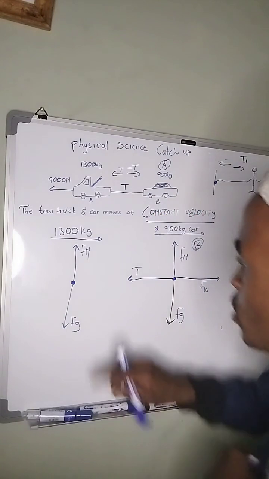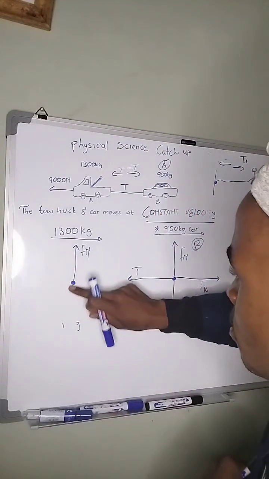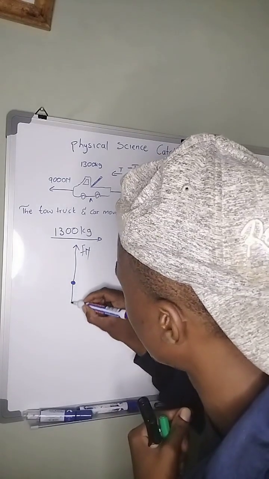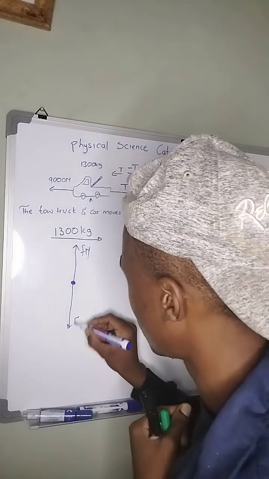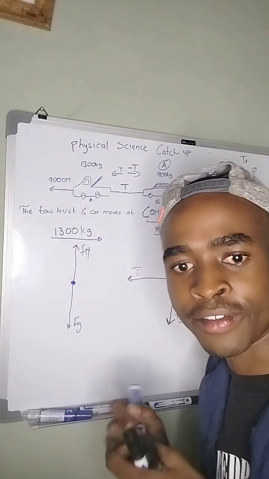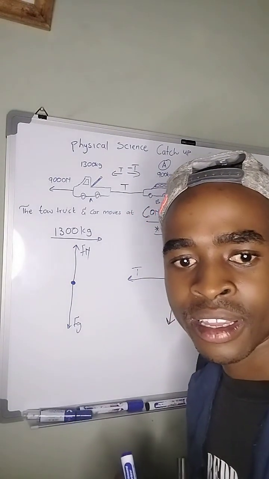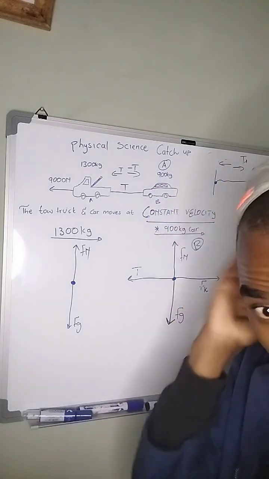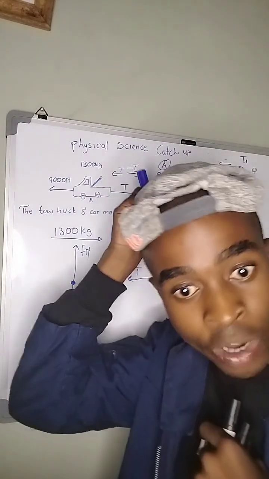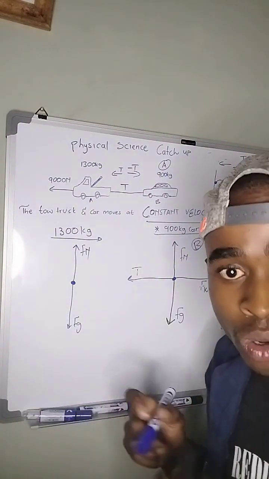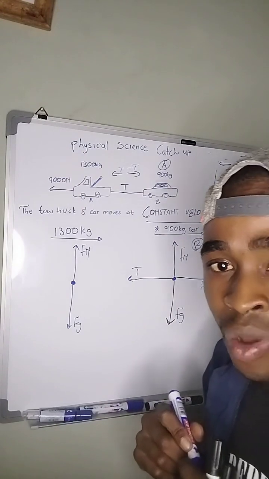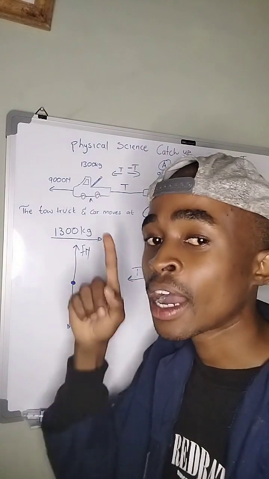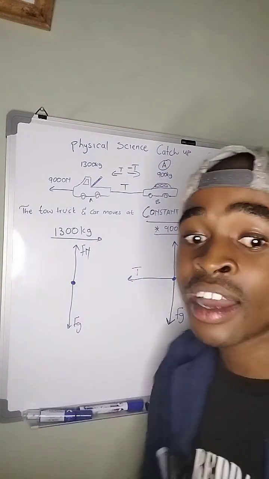Okay, let me draw it straight, before people kill me. Is it straight enough? Yes, thank you. No upwards movement. So now, what is the force that causes this guy to move in that direction?